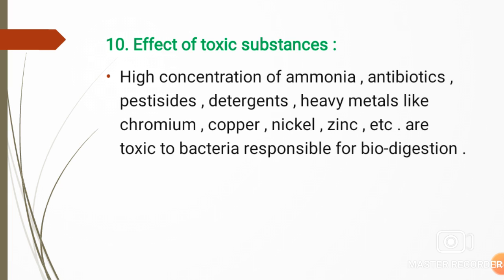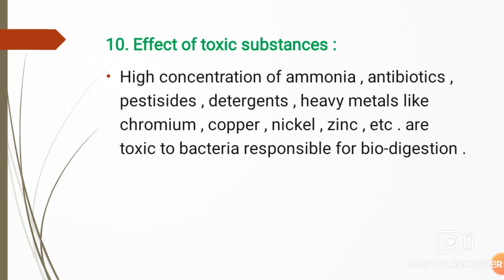All these are generally waste material from the kitchen, household uses, and also from industrial waste. These materials consist of different toxic substances, and these toxic substances are hazardous or toxic to the bacteria present in the slurry or in the digester tank, so the efficiency of the plant decreases.